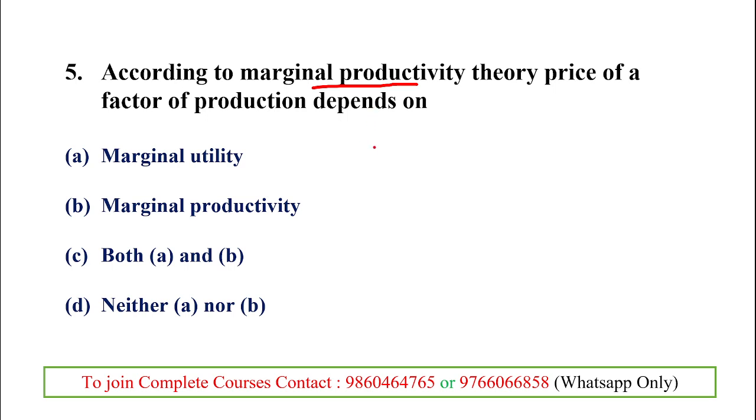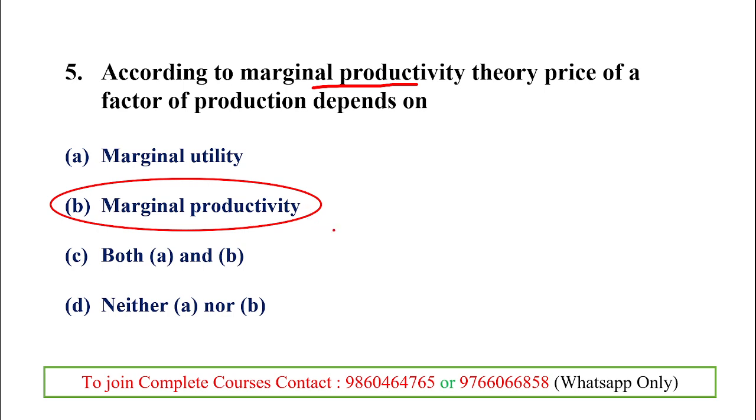So marginal productivity means the unit productivity, the extra benefit we get from one additional unit of the particular factor. Marginal utility means the satisfaction we get from the particular unit, and productivity means the productive force or the benefits we get from the particular unit. So utility and productivity look alike, but there are some differences.